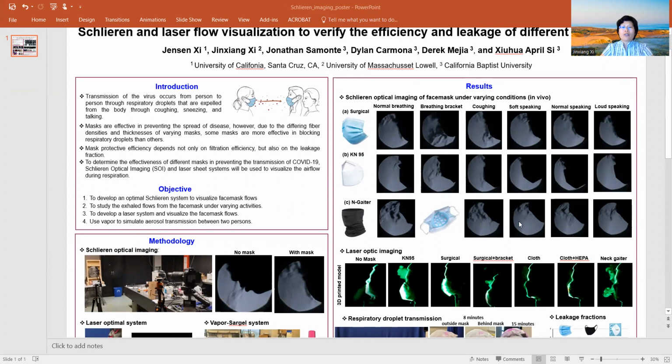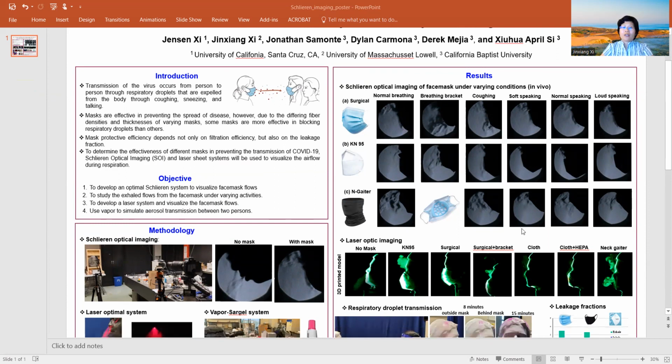The first set of results is the Schlieren optical imaging of face masks and wearing situations. Surgical mask, KN95, and neck gaiter, 3 different types of face covering, were studied, with normal breathing, breathing with bracket, coughing, soft speaking, normal speaking, and loud speaking.